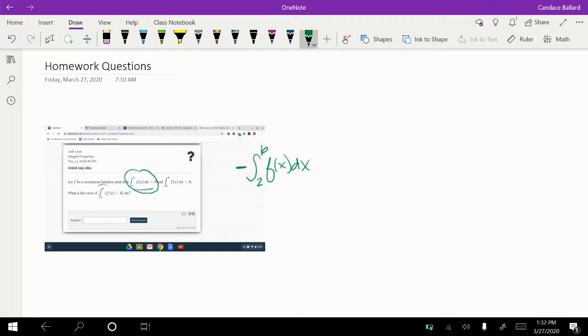Then you'll notice that they want us to figure out what's going on from 9 to 2. So I'm going to break this up into two integrals. I have the integral from 2 to 9 of f of x dx, and again I can apply this property, plus the integral from 2 to 9 of 4 dx.